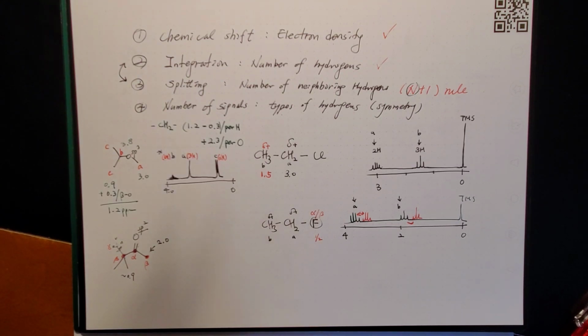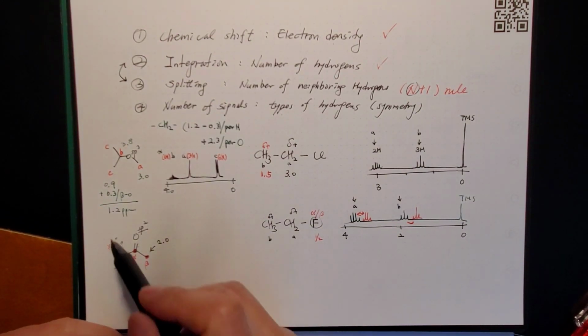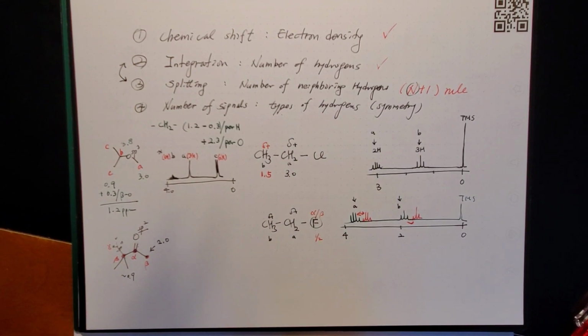In fact, in solution, this single bond, that single bond, they're always rotating around, feeling about the same magnetic field. So you have 9 identical hydrogens basically. All of them make one signal, the gamma.